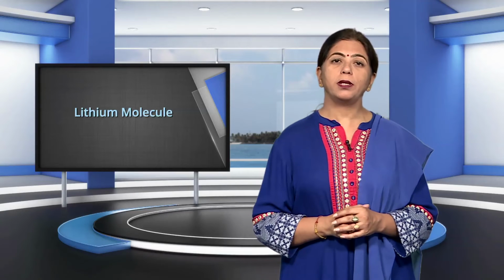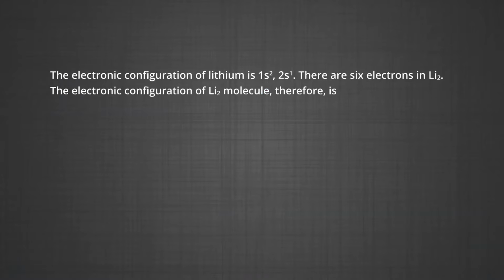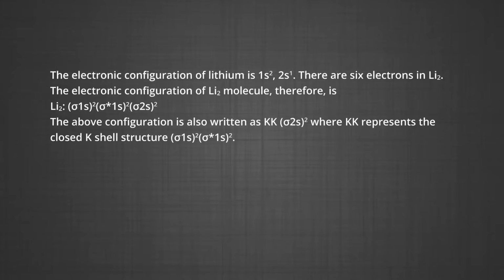Now, the third example, the lithium molecule. The electronic configuration of lithium is 1s2, 2s1. There are 6 electrons in the lithium molecule. The electronic configuration of the Li2 molecule therefore is sigma 1s2, sigma antibonding 1s2, sigma 2s2. The above configuration is also written as KK, the capital KK, sigma 2s2, where capital KK represents the closed K shell structure, sigma 1s2, sigma antibonding 1s2.